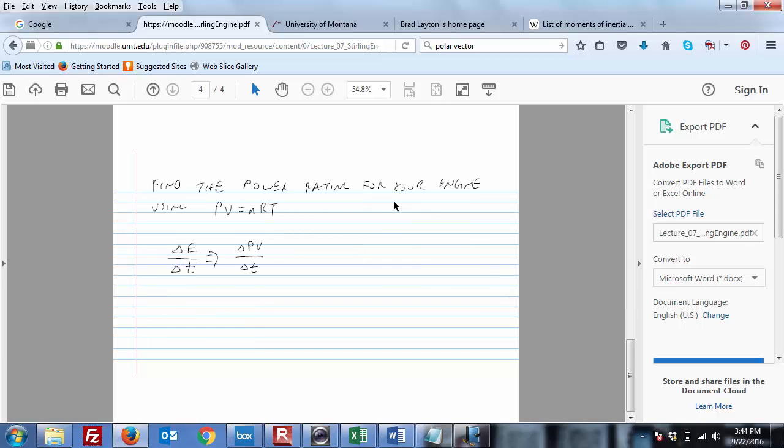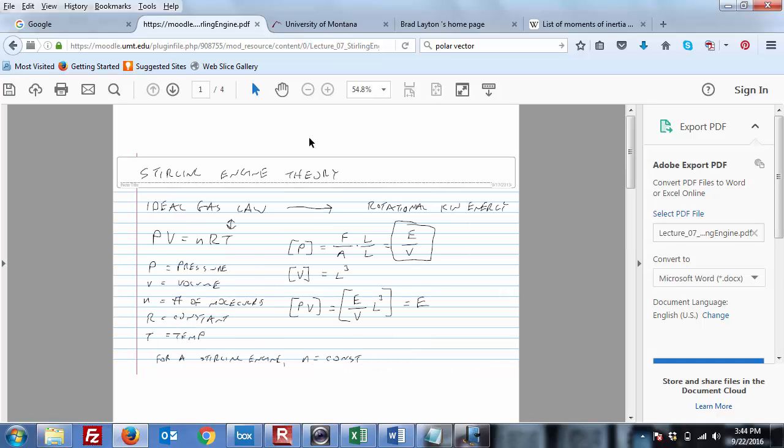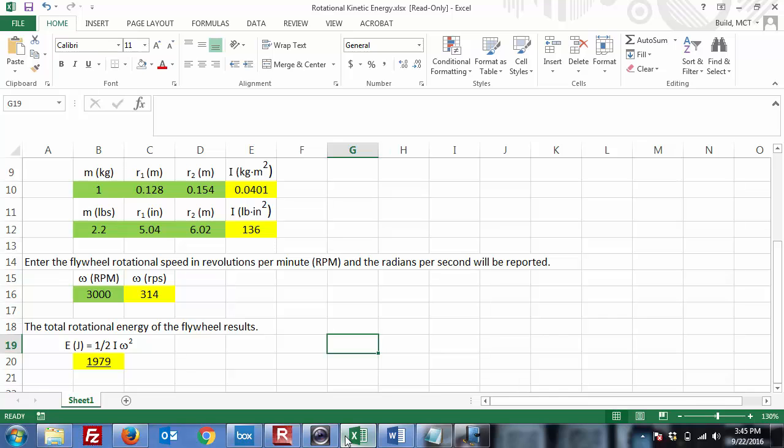We started calculating the power, and to do so, you have to go all the way around this cycle and see how long it took to do that. We went through a little spreadsheet exercise. Always kind of handy to get yourself a little spreadsheet so you don't have to redo the problem every single time.